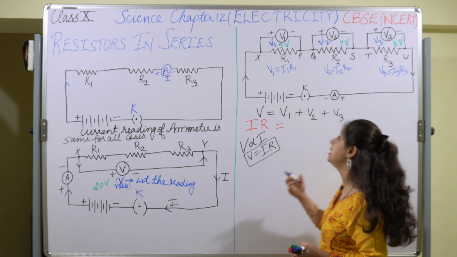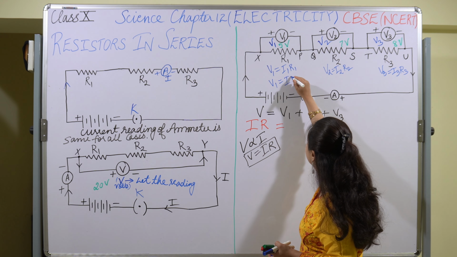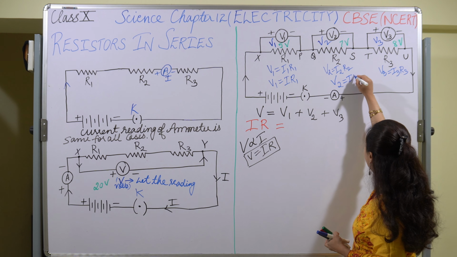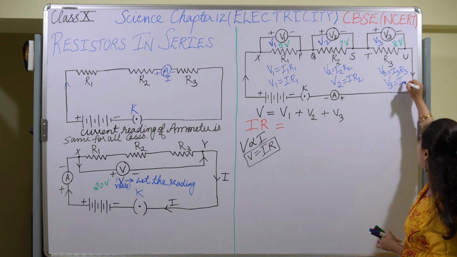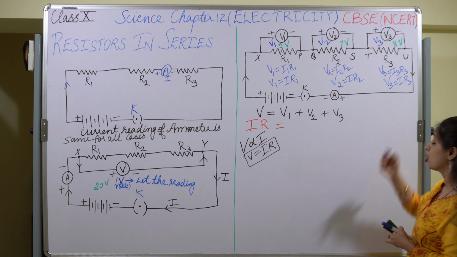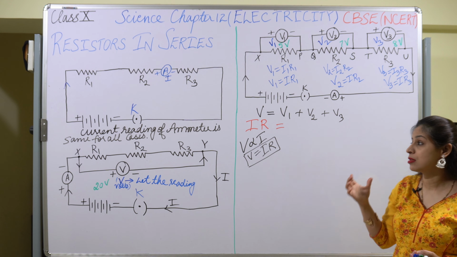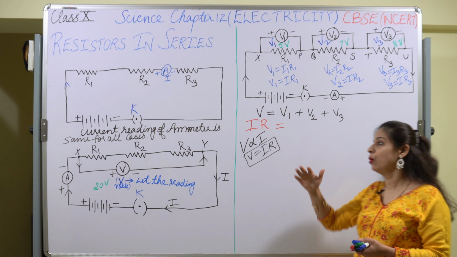So we can easily say that V1 is equal to IR1. Similarly, V2 is equal to IR2. Similarly, V3 will be equal to IR3, because the current is the same in series connections. When resistors are connected in series, the current is the same for all of them.